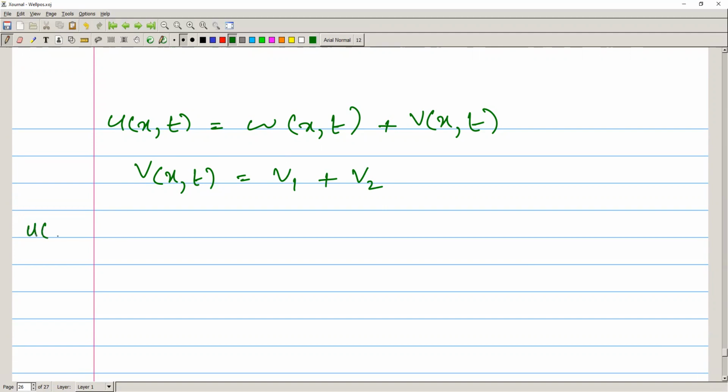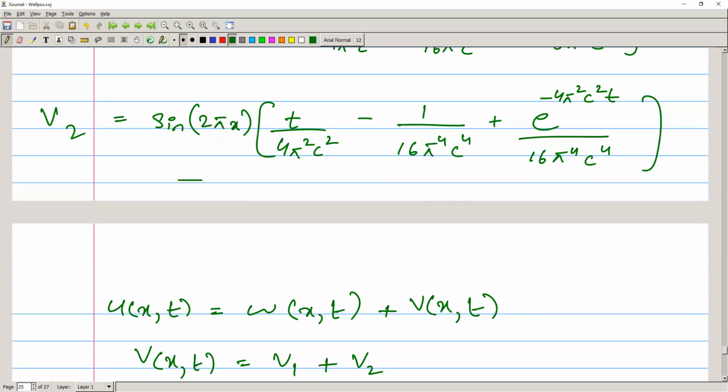So in general, u of x comma t will be equal to t squared minus 1 times x plus 1, plus the solution for v1, which we found earlier, was e to the power negative pi squared c squared t sine pi x, plus now v2 of x, right?